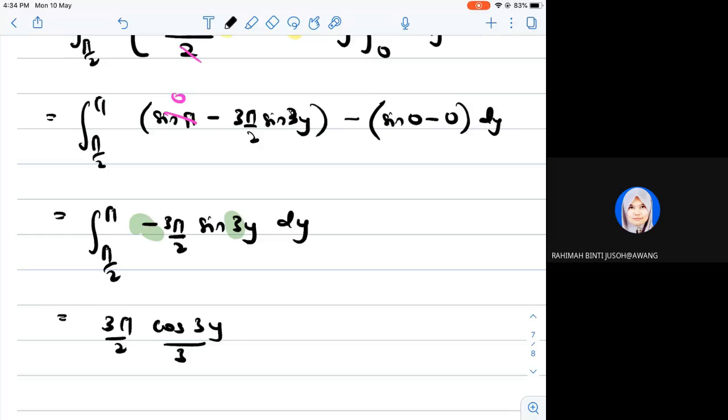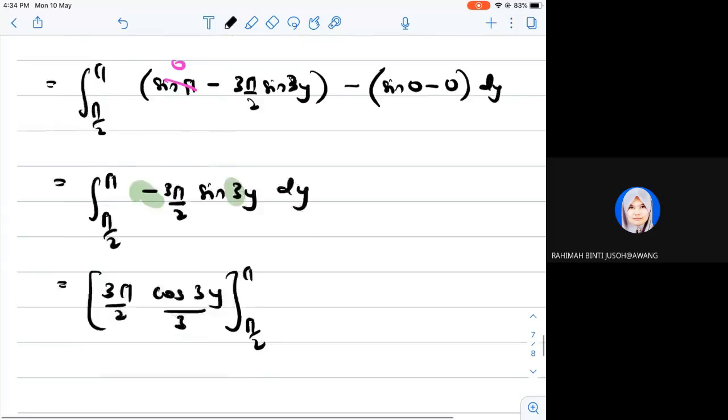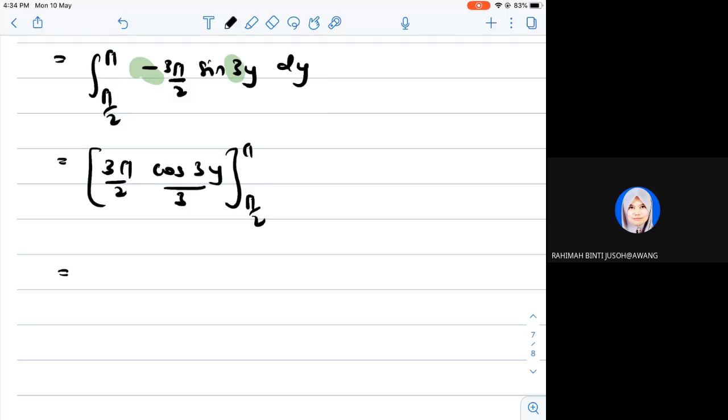Okay, so substitute pi over 2 pi. So this 3 pi over 2, let's say I keep it outside. Cos 3 pi. Oh, okay, we can cancel the 3 with the 3 first. So this one becomes pi over 2.